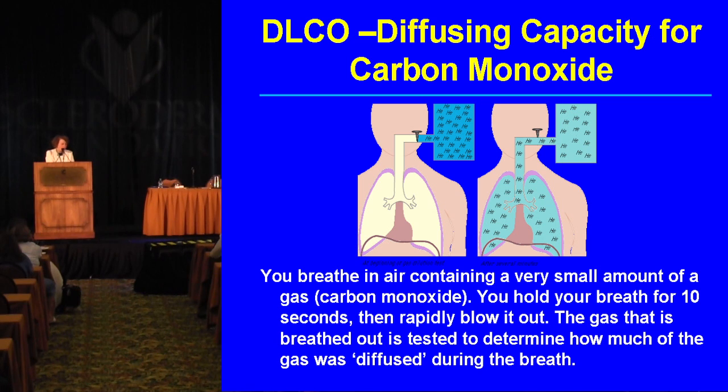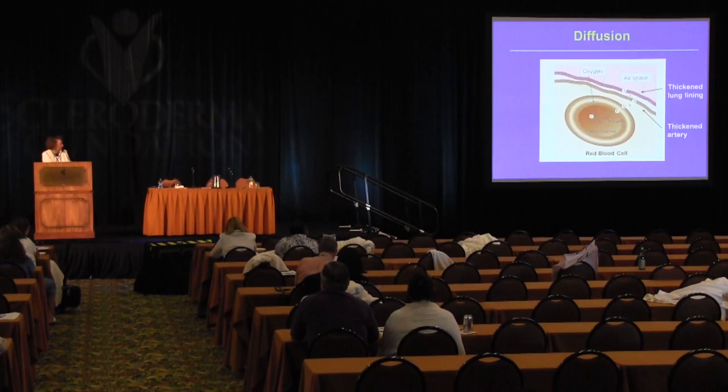So those are the two major tests. They do a lot of other things that measure obstruction in your lungs, like asthma. We don't usually have that kind of problem. Asthma and smoking is an obstructive process, and that's fortunately not a complication in scleroderma.